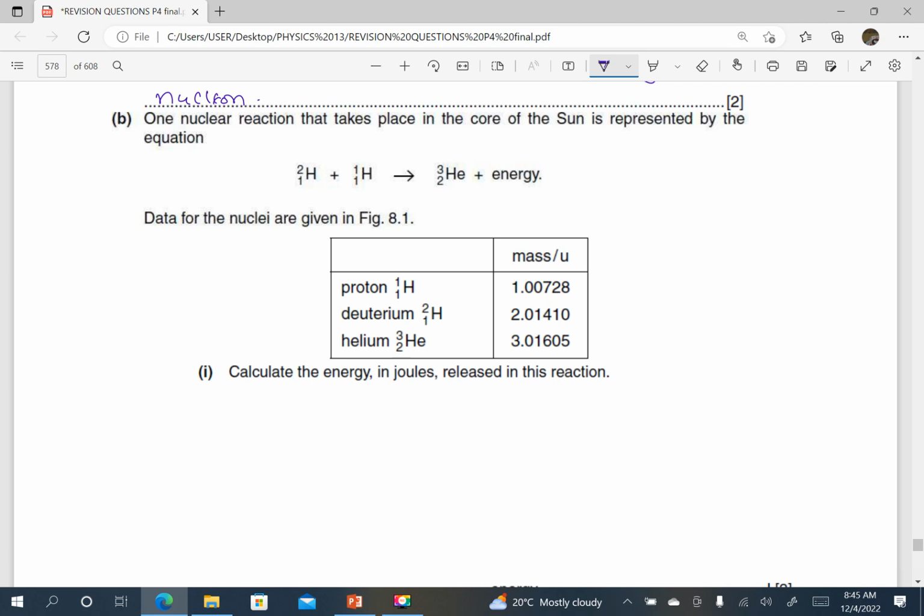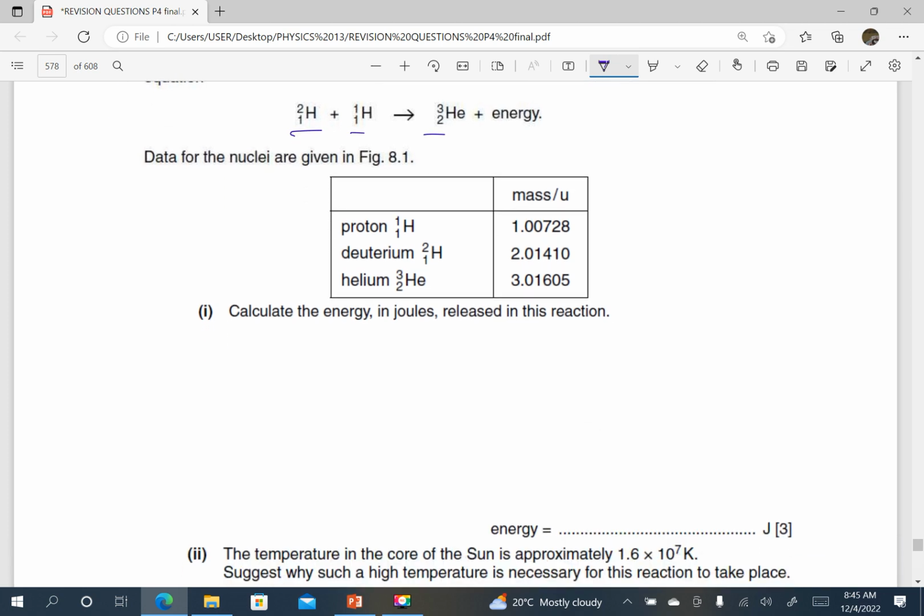One nuclear reaction that takes place in the core of the sun is represented by that equation. A deuterium nucleus is combining with hydrogen to form helium-3. Calculate the energy in joules released in this reaction. So we notice that on the left we have deuterium and hydrogen. We need the mass difference. Whichever side you start with, there is no problem. I can start with the left. Whether you get a negative, you just know it is a difference in mass.